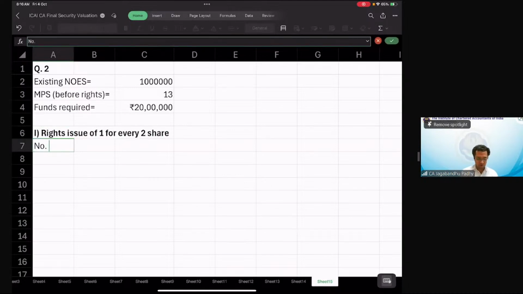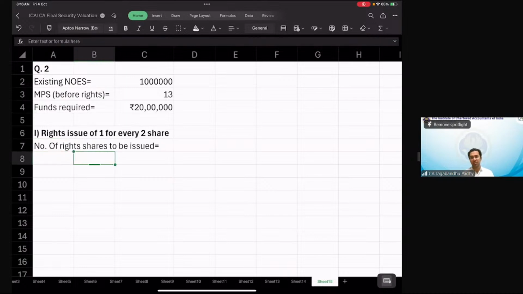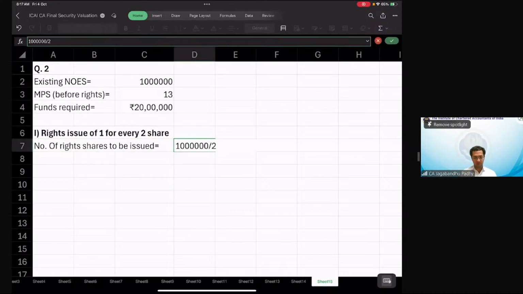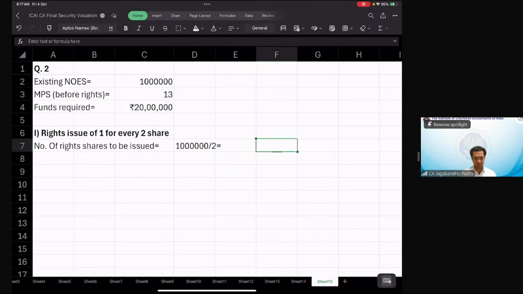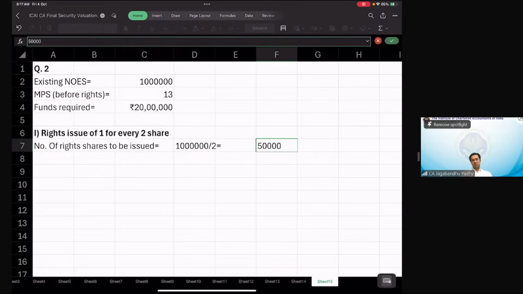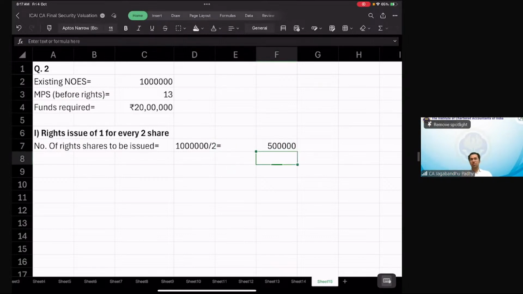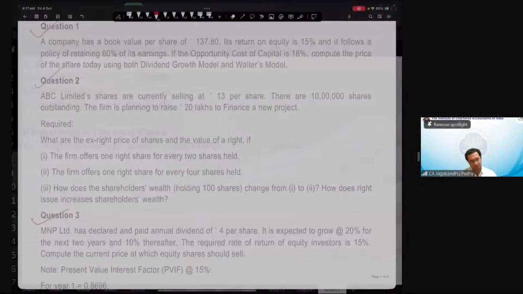What will be the number of rights shares to be issued? It will be 10 lakh divided by 2, which is, of course, 5 lakh shares being issued. We want to know what is the ex-rights price and the value of the rights.